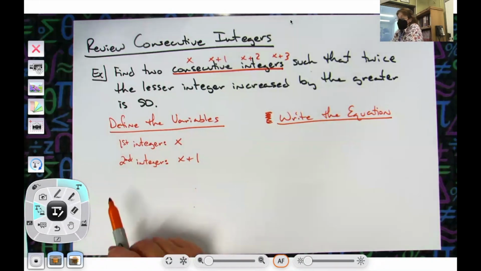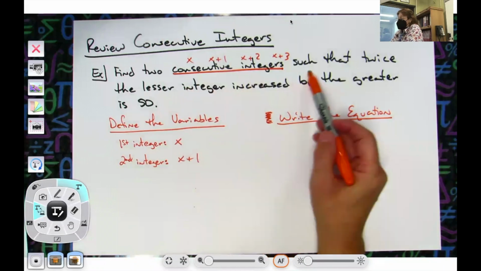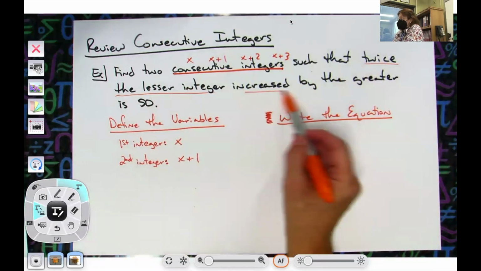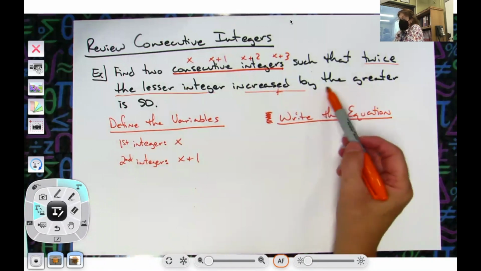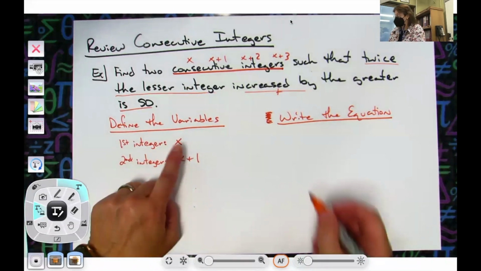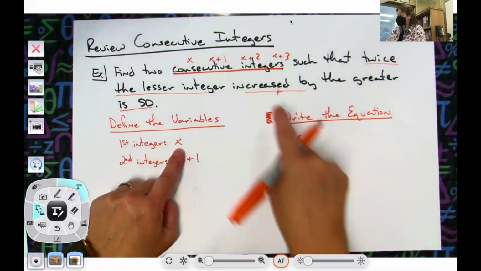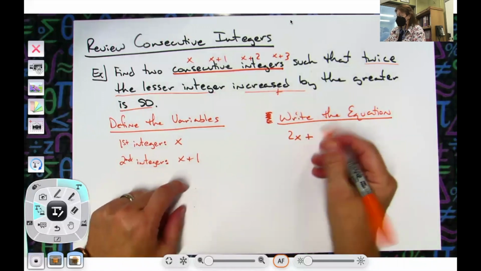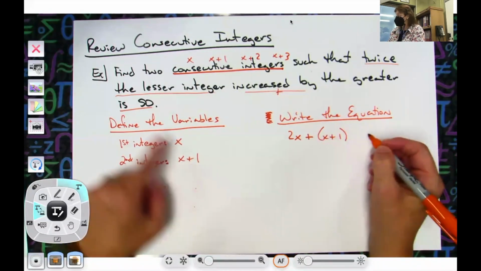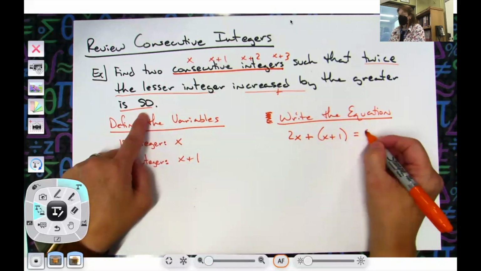Okay, now find 2 consecutive integers such that twice the lesser increased by, so that's a plus, the greater is 50. Okay, so twice the lesser would be 2x. Increased by the greater, so my greater one is x plus 1, is equal to 50.